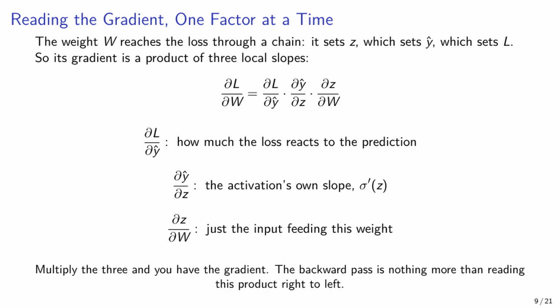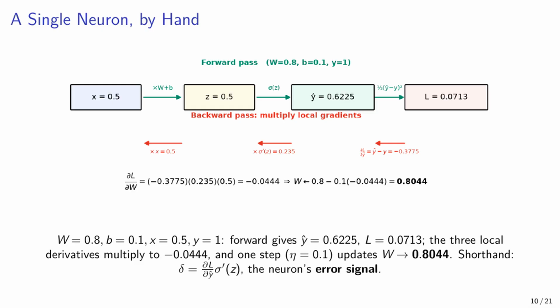The entire backward pass is nothing more than reading this product, right to left. Time for a full worked example. One sigmoid neuron, weight 0.8, bias 0.1, input 0.5, target 1.